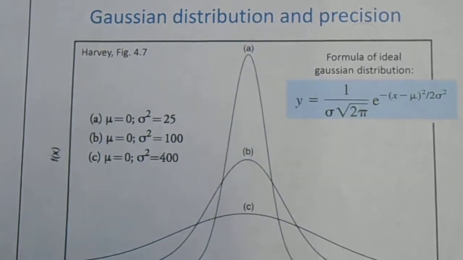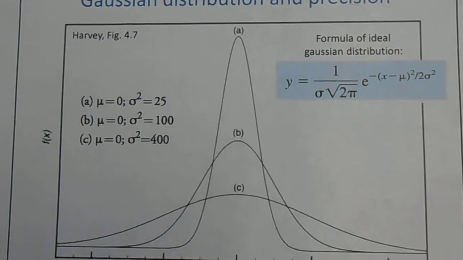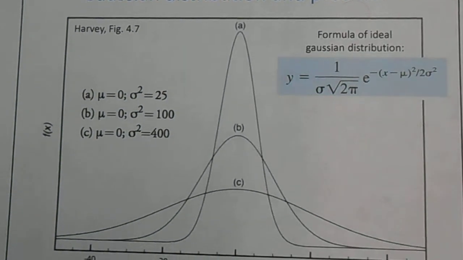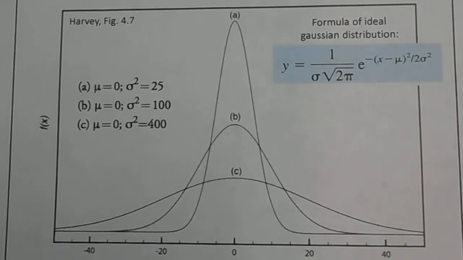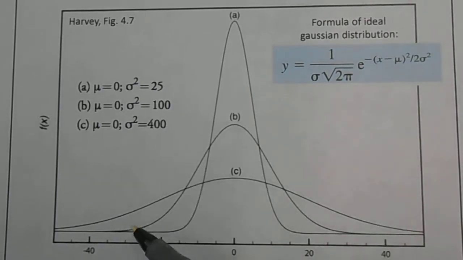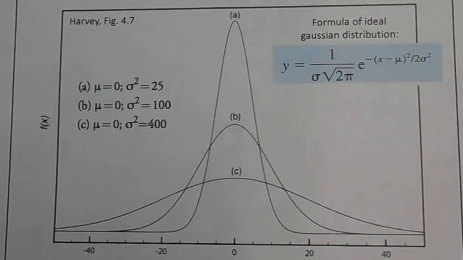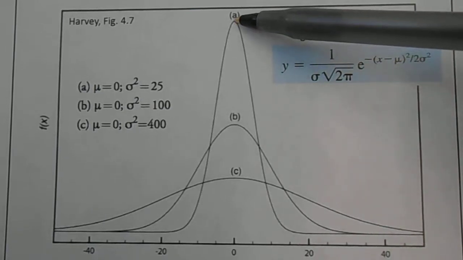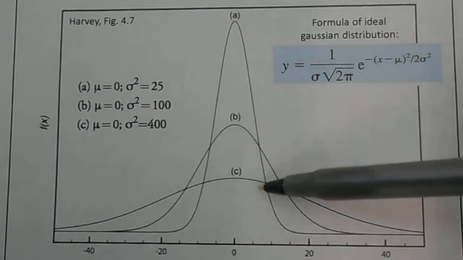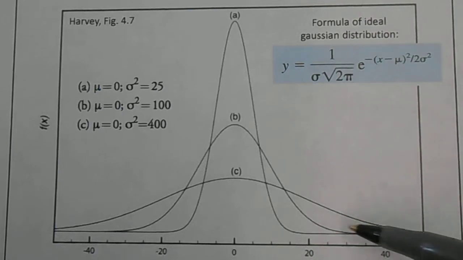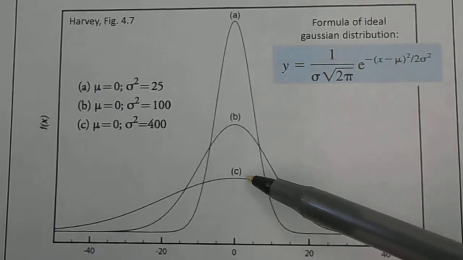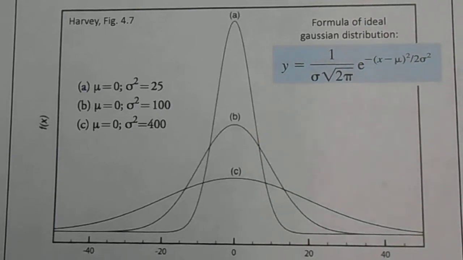Okay, so a couple other things to wrap up. First, we can use the Gaussian distribution to get some idea of the precision of our analyses. As you saw from the Pogel exercise, if we're using a probability set of data such that the area under any given curve is a total of 1, that must mean that if we have a very tall sharp peak, it must be very narrow, and if we have a very broad wide peak, it must be short, because the total area under each curve is 1.